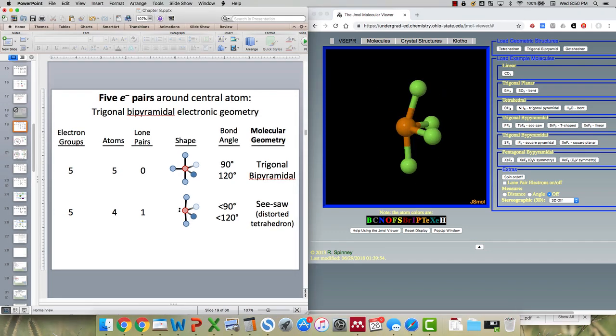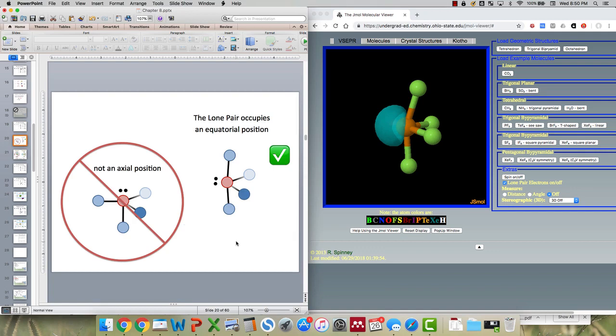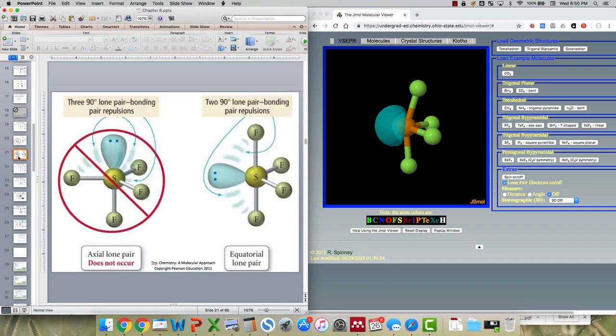So you may be wondering, why are the lone pairs in the seesaw shape here in the equator and not on the axis? Well, that's a good question. Let's think about that. And so this is definitely true. The lone pair occupies an equatorial position and not an axial position. And the reason for that is because of repulsions.